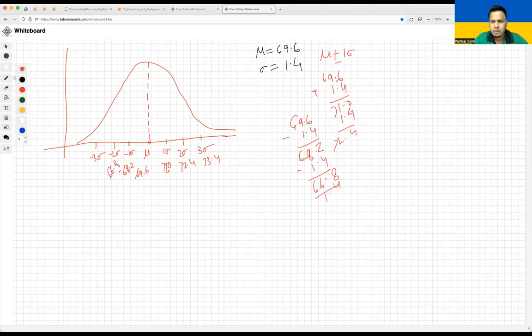One more time, we get 65.4. This is not going to be negative because 69.6 is a bigger value, so we are subtracting from it and it stays positive, but it falls on the other side. So after drawing this, let me just draw the coverage.